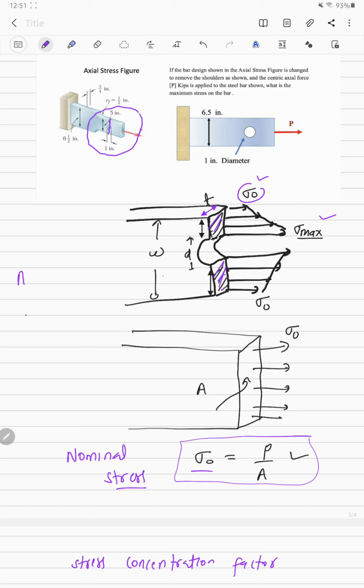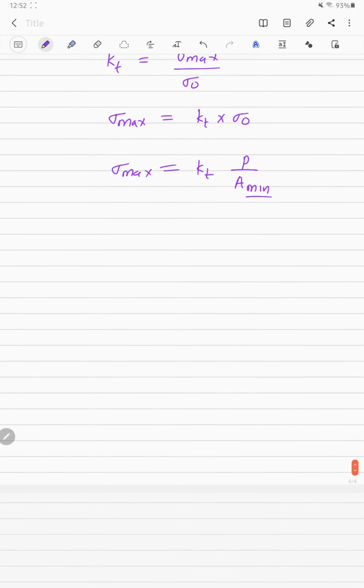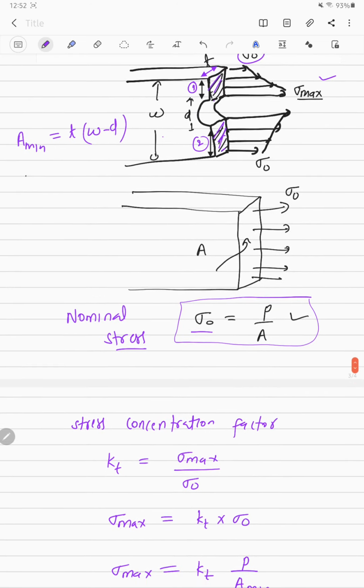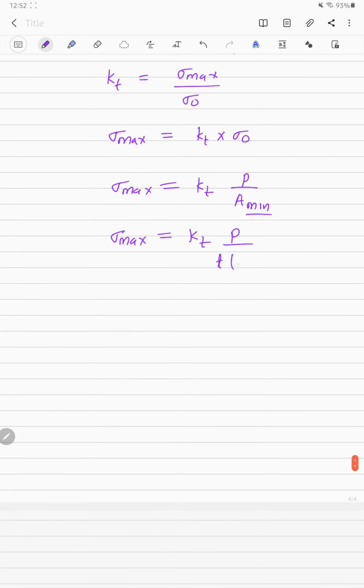We can write A minimum as thickness T multiplied by W minus D. So for this case our sigma max will be KT into P divided by T times W minus D.